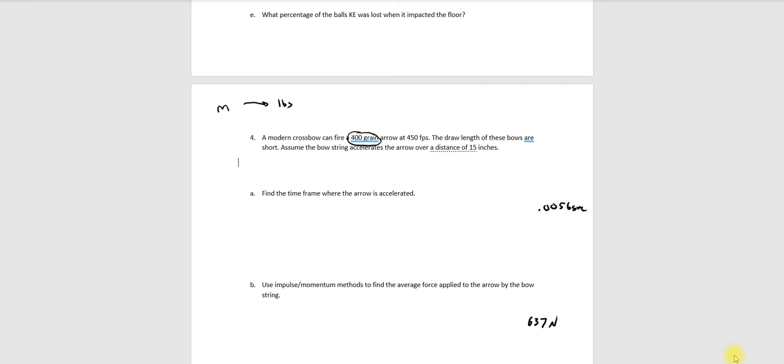Then look up how many kilograms per pound to convert to kilograms. Now, a pound and kilogram are two different things. There's not what I would call a really true conversion between them, but a kilogram of mass has a certain weight at the surface of the earth. You can use that like a conversion factor to figure out how many kilograms that arrow is.